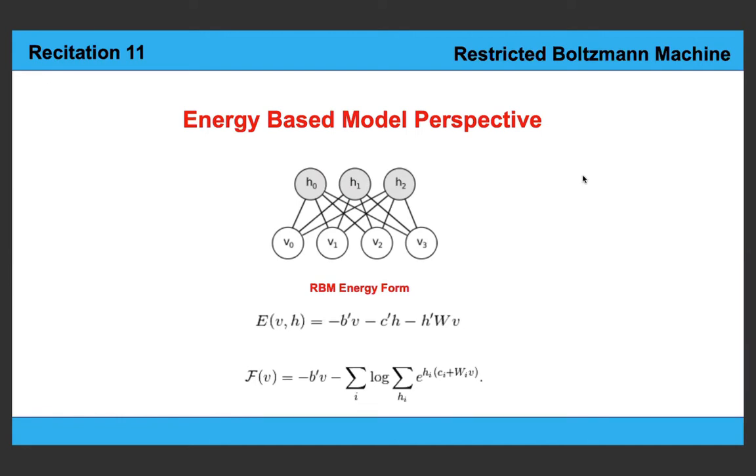So I will give the introduction to the restricted Boltzmann machine, RBM. The target of using RBM is to make the Boltzmann machine powerful enough to represent complicated distributions.